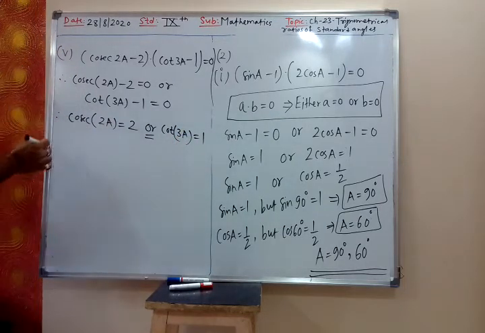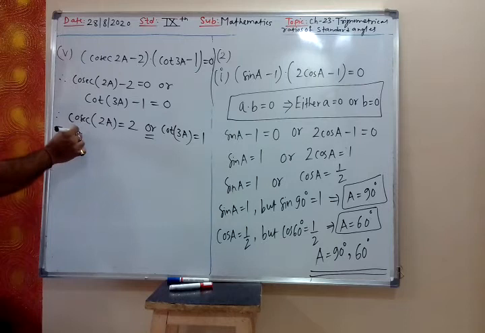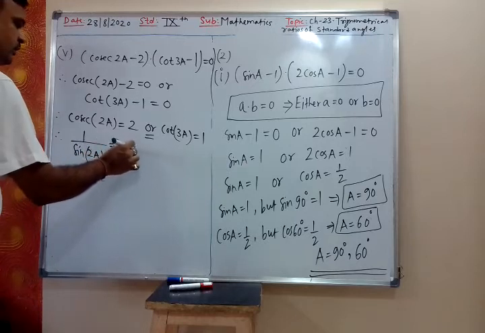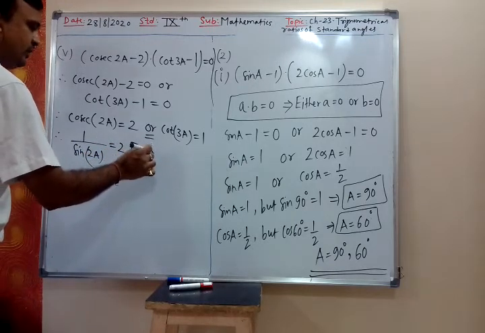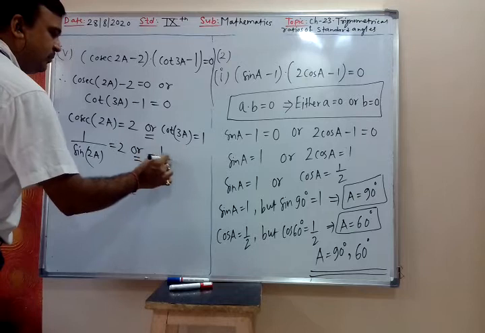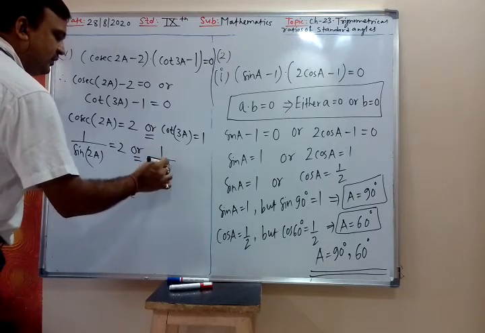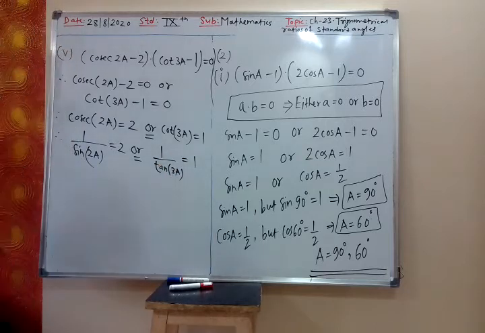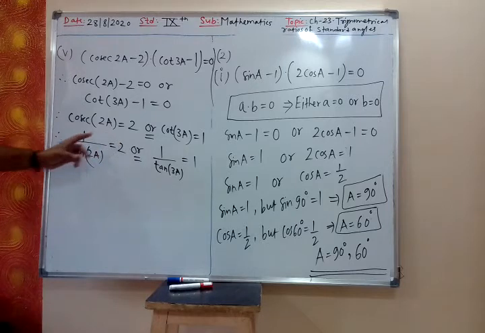So cosec is the reciprocal of sine. So cosec 2A is 1 upon sine 2A. 1 upon sine 2A is equal to 2, or cot is the reciprocal of tan. So cot 3A, same as 1 upon tan 3A, is equal to 1. Now we cross multiply. Sine 2A will go up.